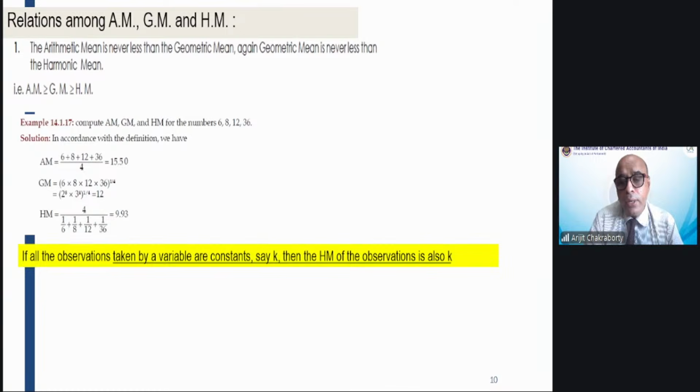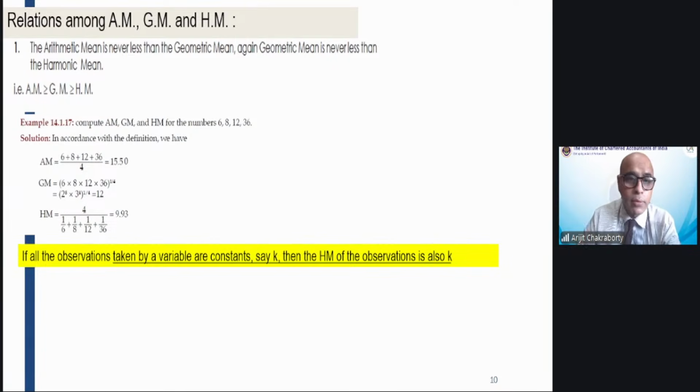Then the harmonic mean of the observations will be k. Because if all the observations are k and there are n observations, so in the numerator, what will I write? I will write n. In the denominator, I will write there are n observations. Each of the observation has the value of k.